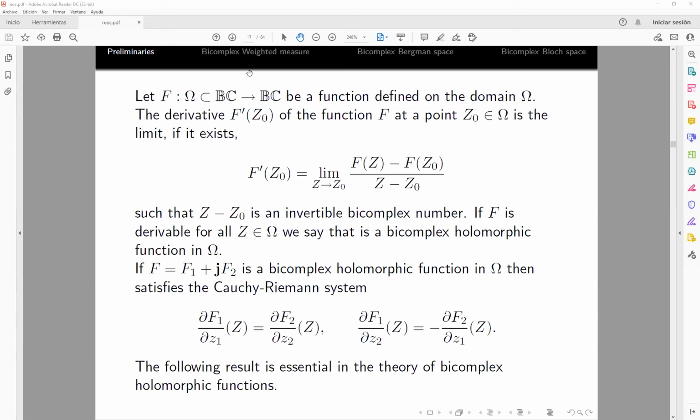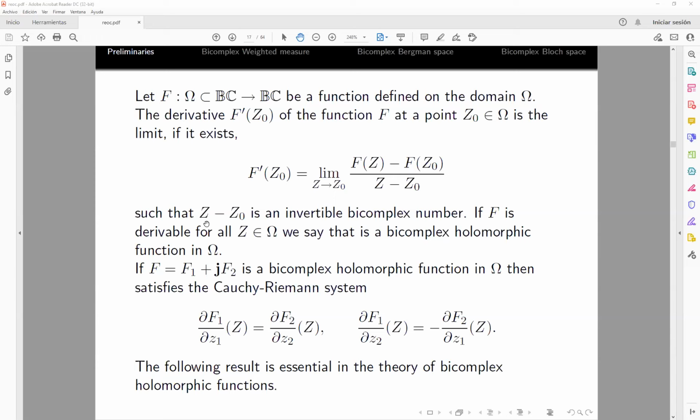we consider omega a domain in the bicomplex space, in the bicomplex set, and we consider a function defined in a domain in omega. The derivative of this function is defined using the differential quotient in the usual form, as you can see.